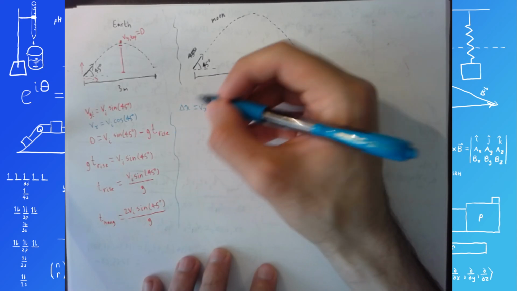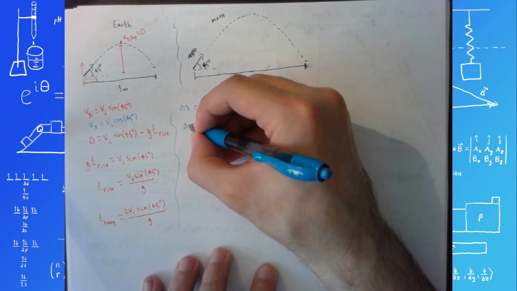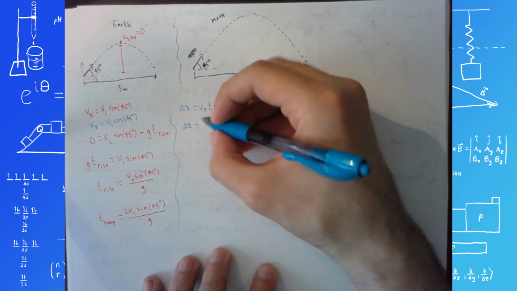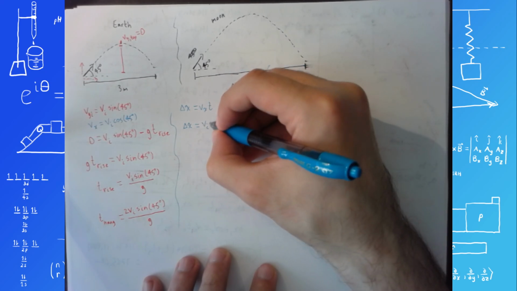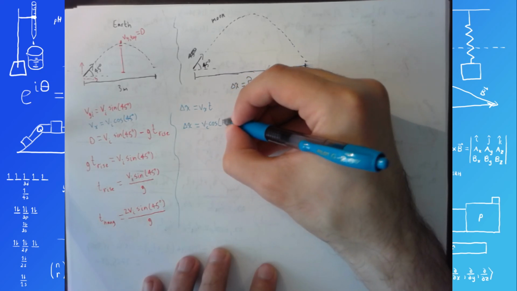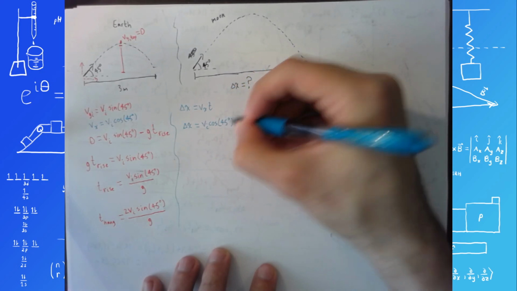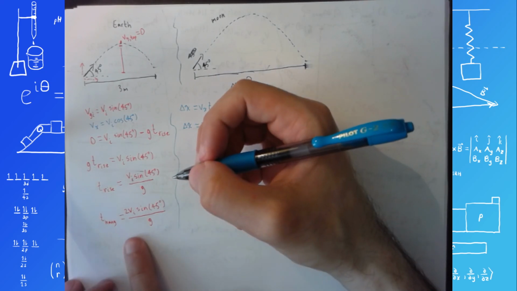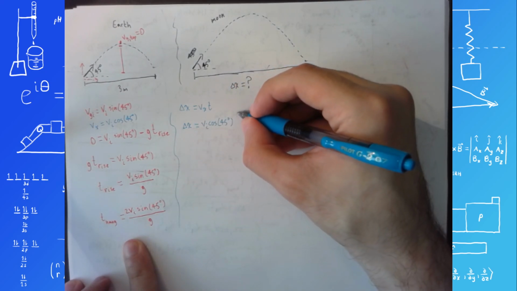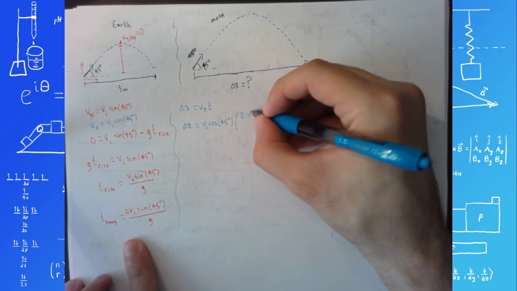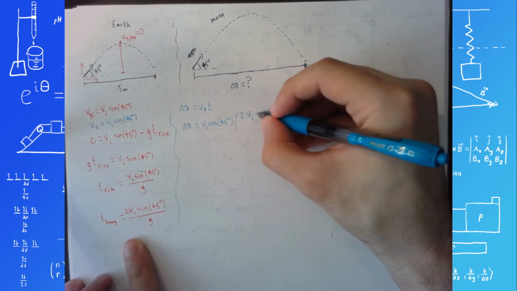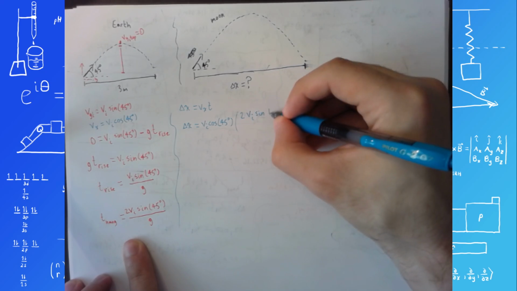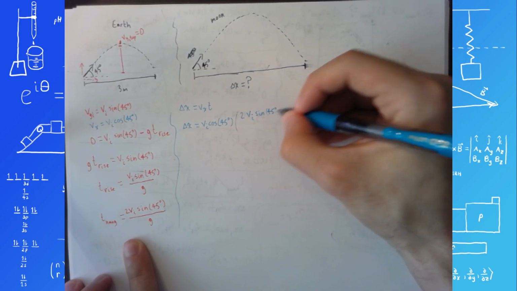So my delta x, which is going to be 3 meters, but I'll keep it as delta x for now, equals v initial cosine of 45 degrees times the total time, which is the hang time. So times 2 v initial sine of 45 degrees over g.